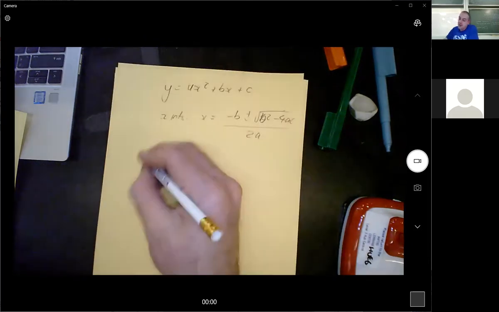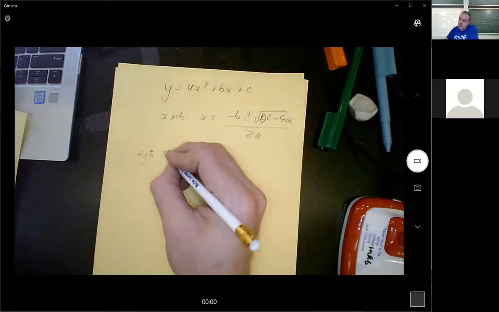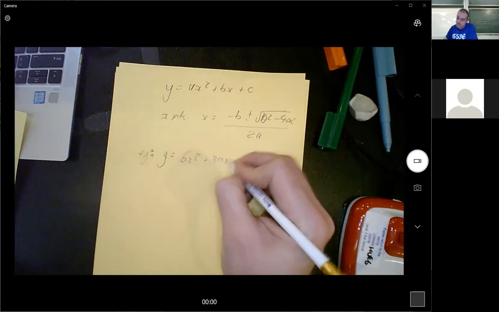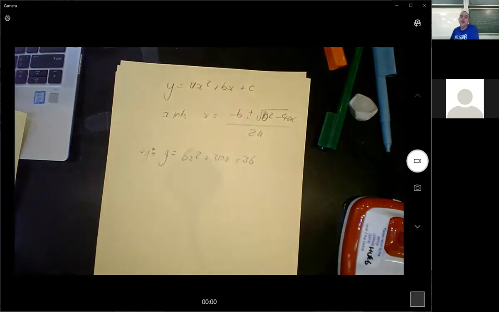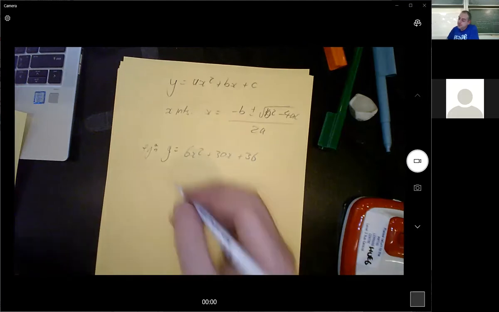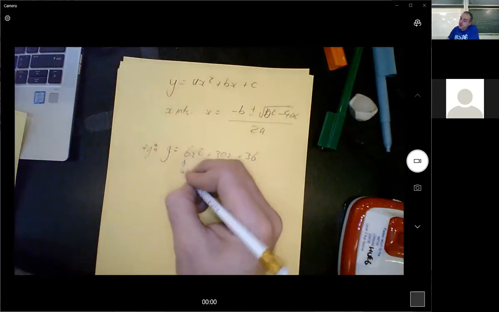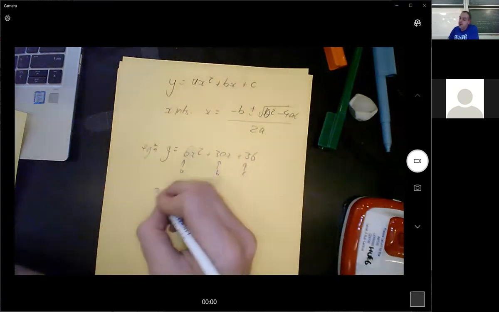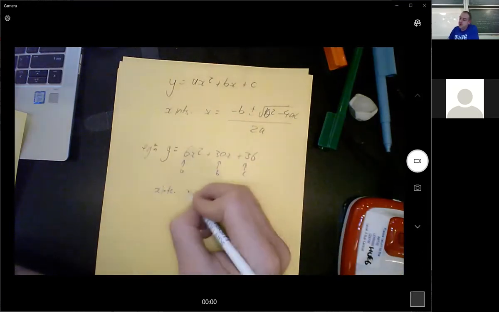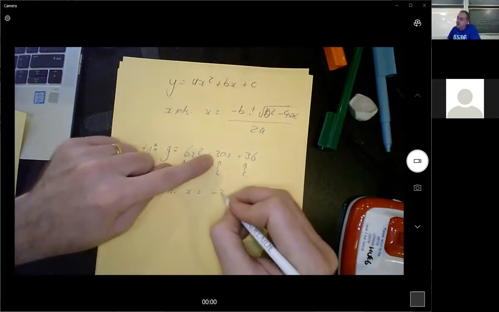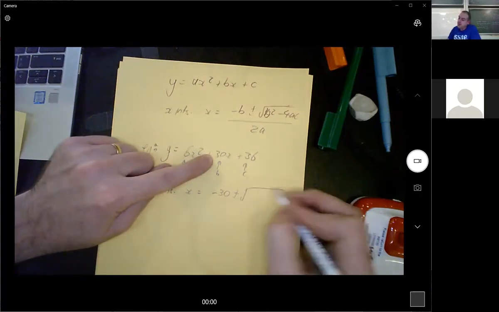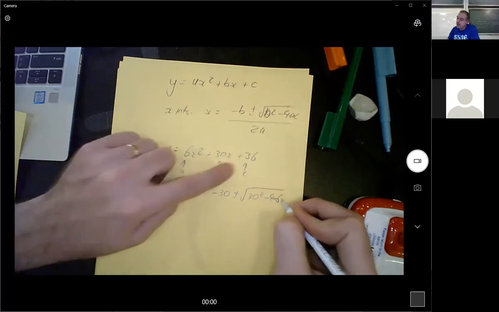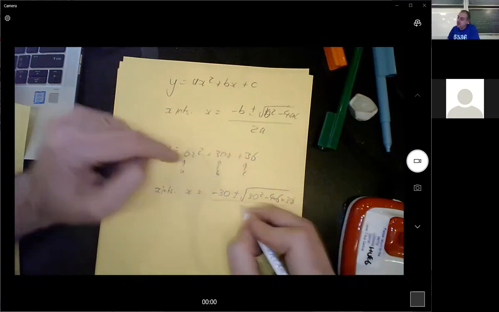And so if I had this one, y equals the one that I had before, I could go, okay, this is the number in position A, this is the number in position B, this is the number in position C. Then the x-intercepts will be x equals minus b plus or minus the square root of b squared minus 4 times a times c all over 2a.